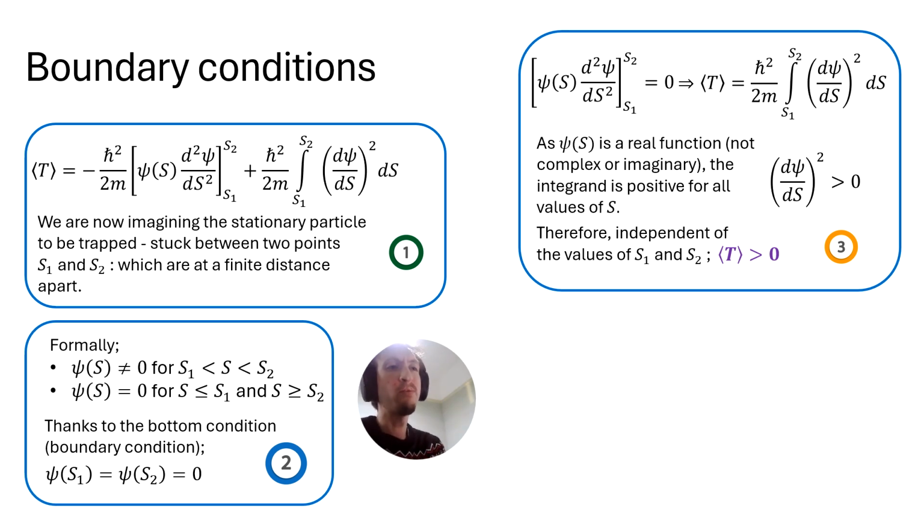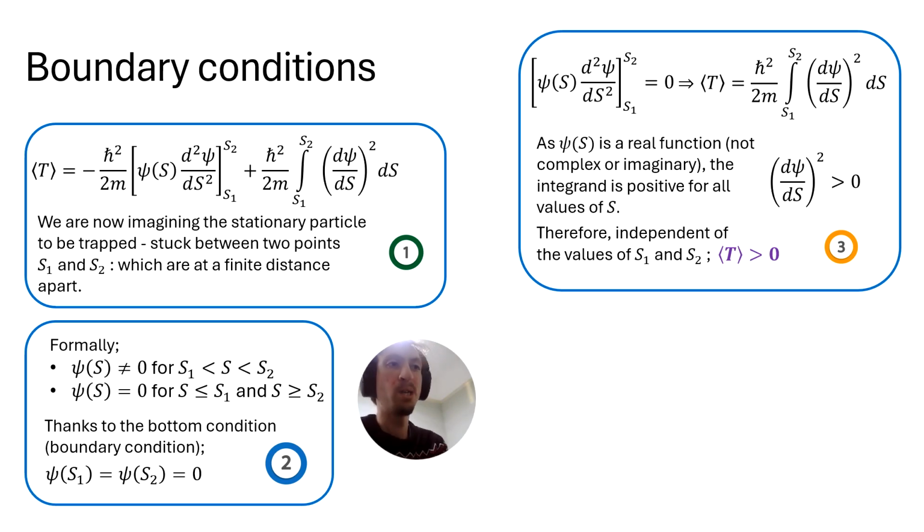In other words, we would have a particle whose wave function is 0 everywhere across the S-axis, so we wouldn't be able to find the particle anywhere. Now that doesn't make any sense. The wave function can't be 0 everywhere, because we have to find the particle somewhere.